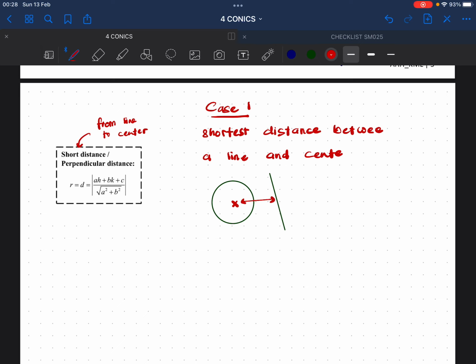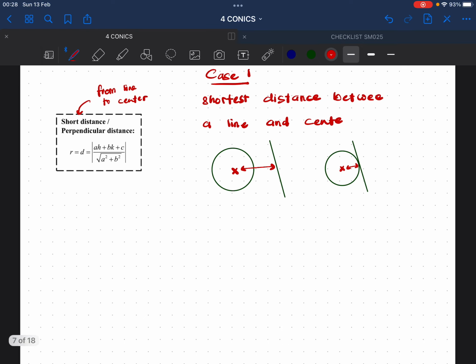Sometimes, if there is no intersection point between the circle and the line, it can be like this. This is your center, so the shortest distance between the center and the line is this part here.